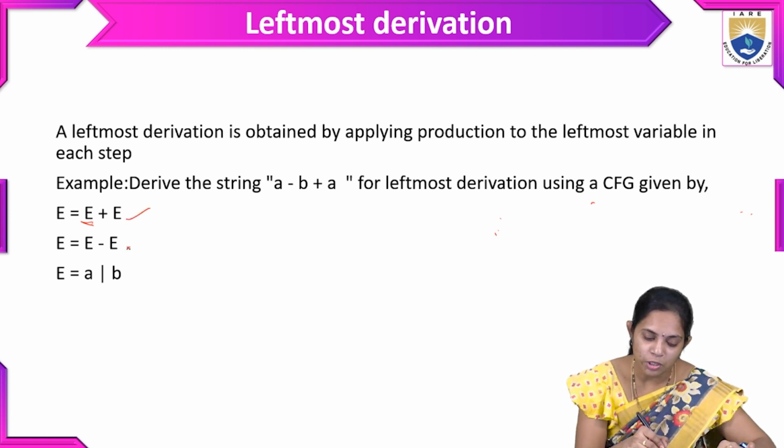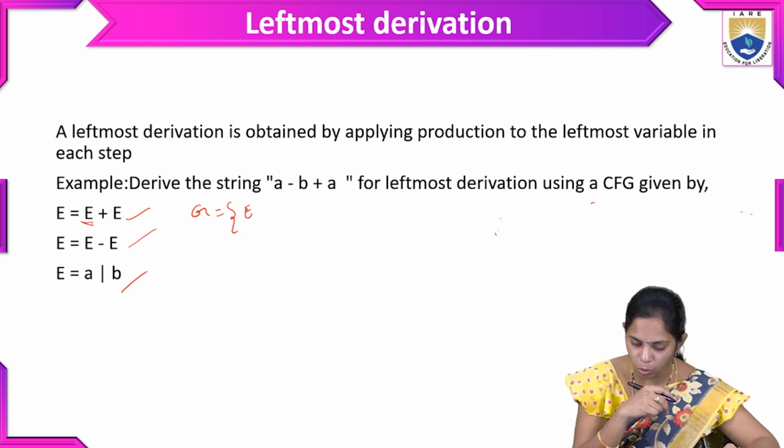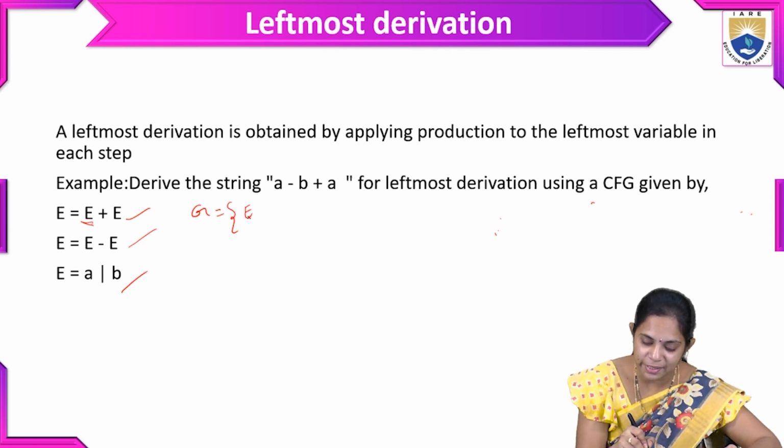So these are the production rules. Let me write a grammar for this one. G is equal to a combination, only E non-terminal is there. E is the V, and the input symbols are A, comma, B, plus, minus and plus also.